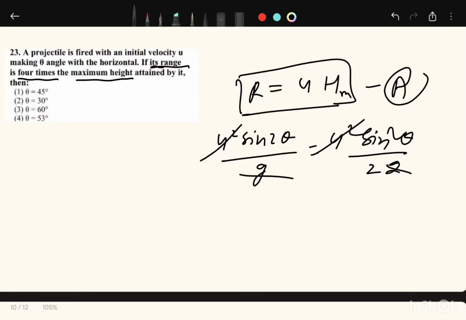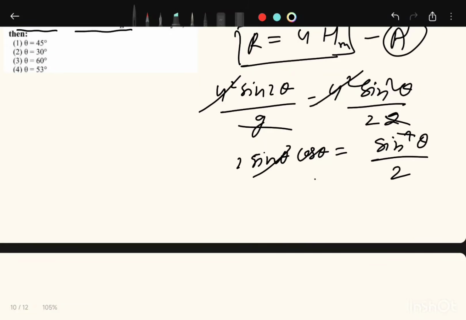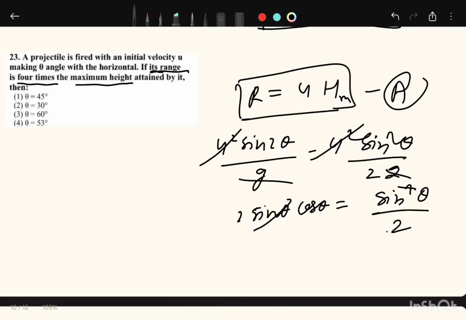We are left with 2 sine theta cos theta equal to sine square theta by 2. This square will cancel out this, so this 2 will multiply with this 2. We forgot this 4 here. So we have to use this 4 also here, with H max. So the 4 will also be here.